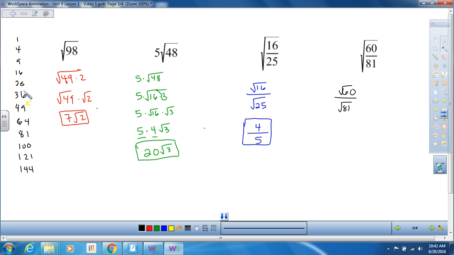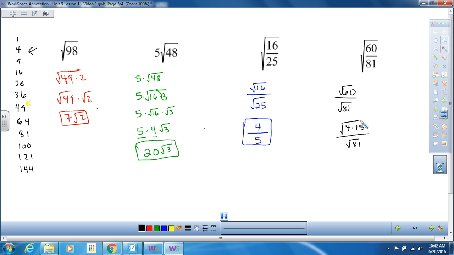So 49, no. 36, no. 25, no. 16, no. 9, no. And it's actually not until 4 that it works. So I can rewrite 60 as 4 times 15. I'm just leaving the denominator alone for now.